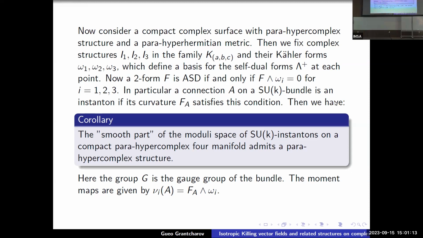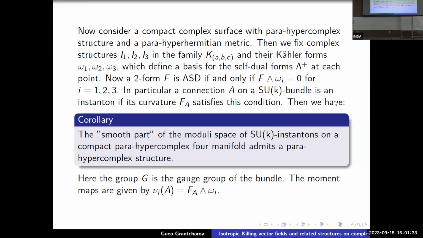But the idea is again that the self-dual part of the curvature vanishes. And this type of instanton for positive definite cases is exactly what the instanton model spaces depend on.